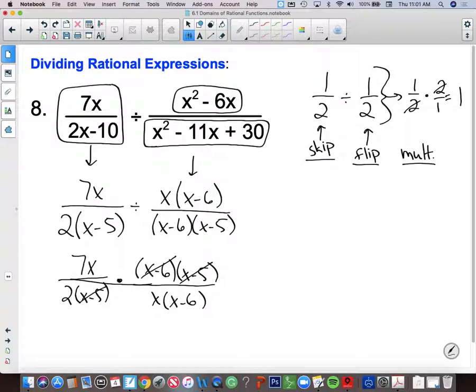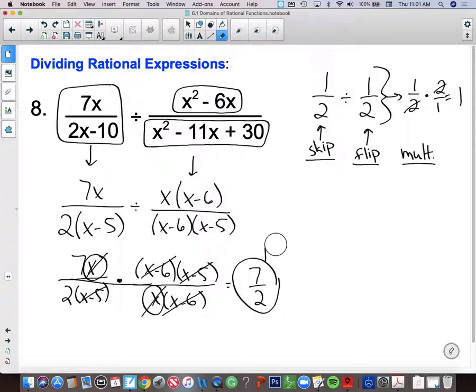I got an x minus 6 that's going to cancel there. And now we have this x in front, and we have just an x right there. So those are actually going to cancel out too, because those are like single factors. Those are monomials that are out in the front, okay? So those x's will cancel. And all of our variables and everything canceled out, so we just have 7 over 2. And that doesn't simplify anymore, so that will be our solution. So this stuff right here is a fancy way just to get 7 over 2, which is 3.5.